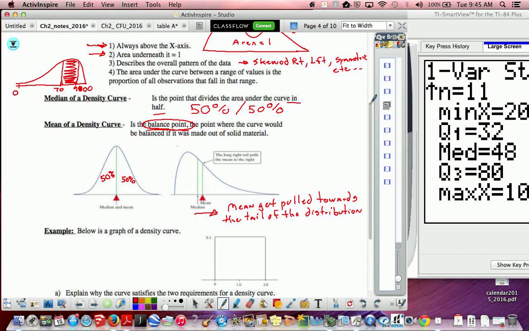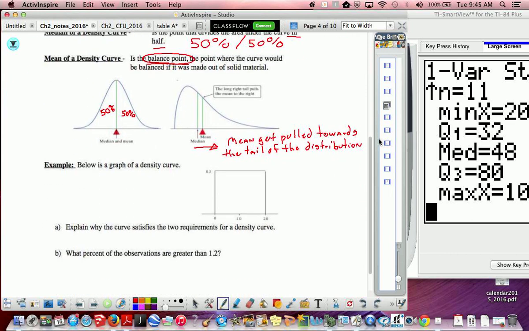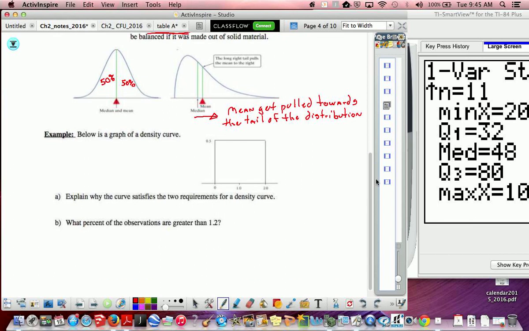Now, not all density curves are curved. They can be nice geometric shapes. So here's a quick example where we can find all sorts of different areas and check to see if it actually is one. It says, below is the graph of a density curve. Explain why the curve satisfies the two requirements for a density curve. Well, what's the first requirement?